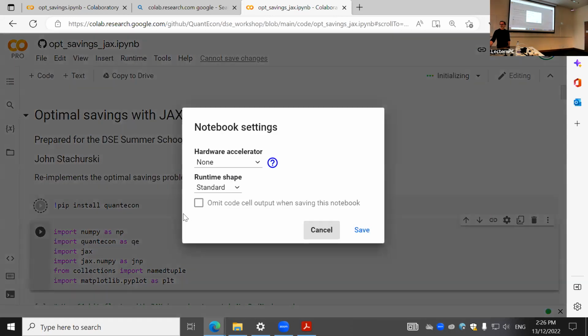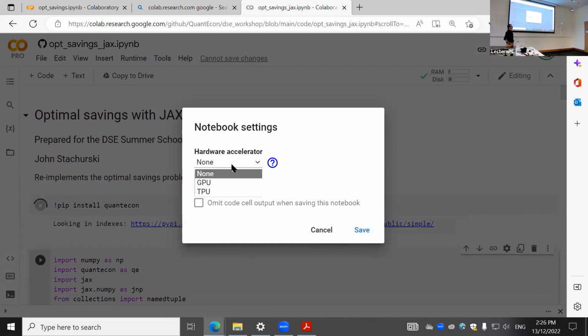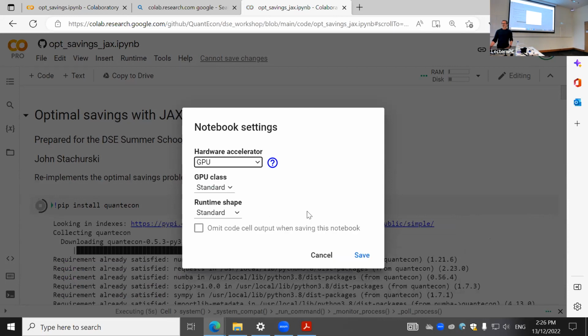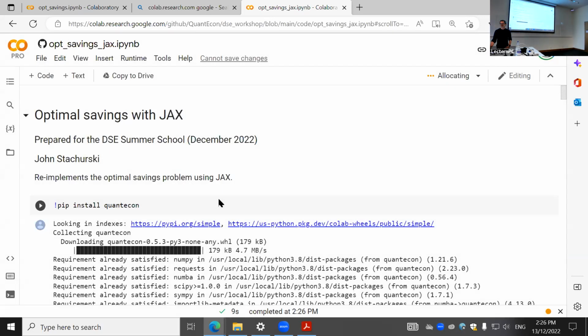But I want to have a GPU in this case. So I can pick what I want. I can have a GPU or a CPU. So let's go ahead and grab the GPU and let's be greedy and get the premium one. And let's see what Google's going to give us.